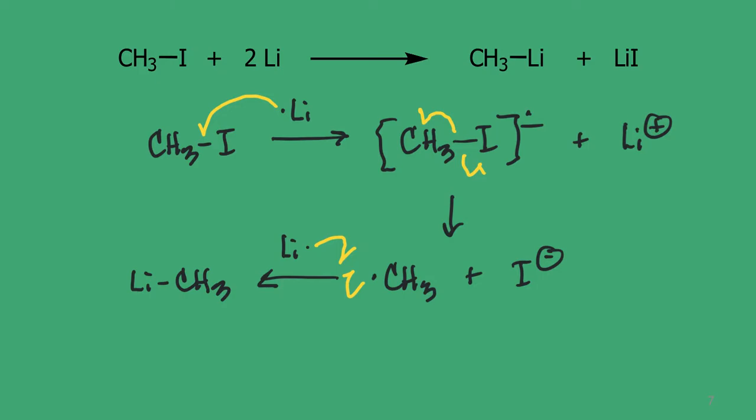You'll notice we have produced lithium iodide as our byproduct. And then the methyl radical combines with another lithium atom, which is also a radical species, in a bond-forming reaction. This is a homolytic bond formation. That was a homolytic bond cleavage, and we form methyl lithium.